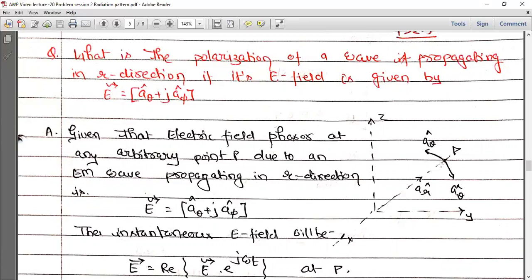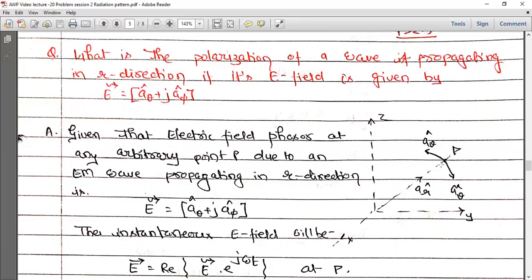It will always be in a plane perpendicular to the direction of propagation of the wave, but it may follow a circular path, an elliptic path, or a linear path also. So the path traced by the electric field phasor, as seen in the direction of wave propagation, is known as polarization, and our objective is to find that polarization.